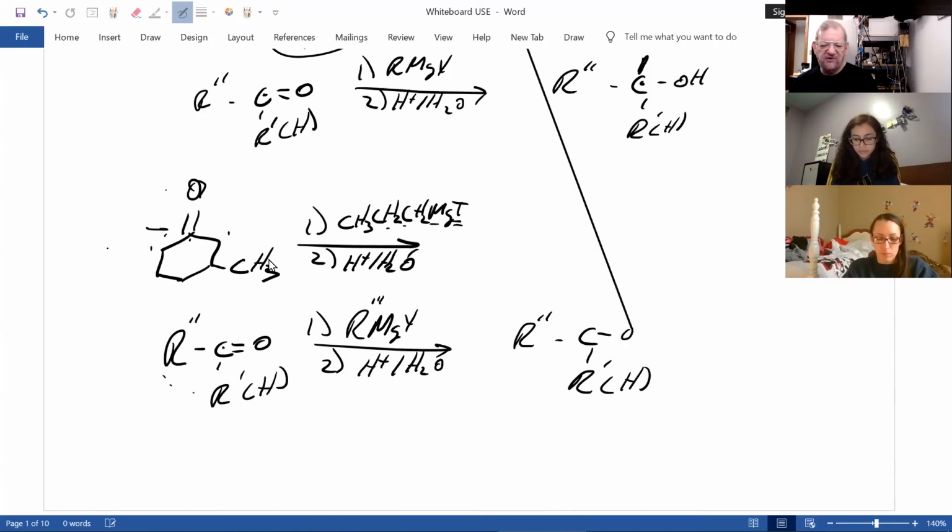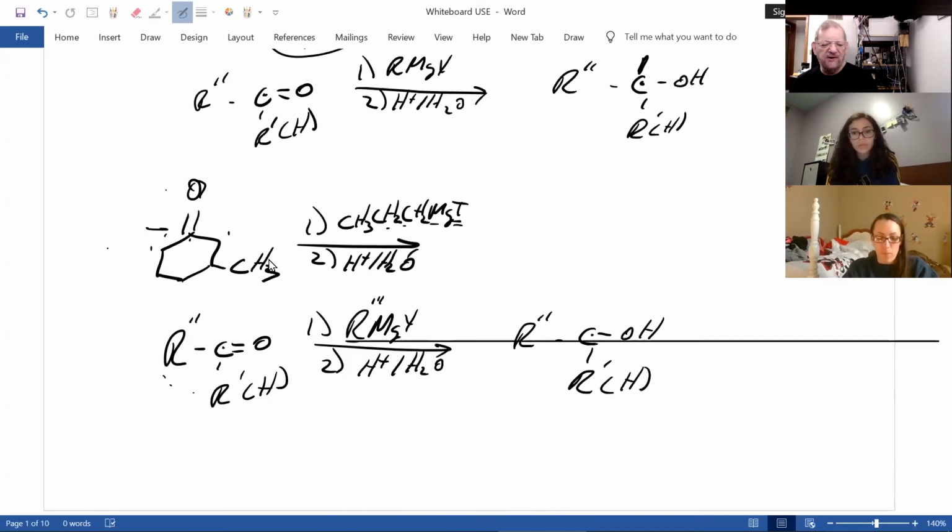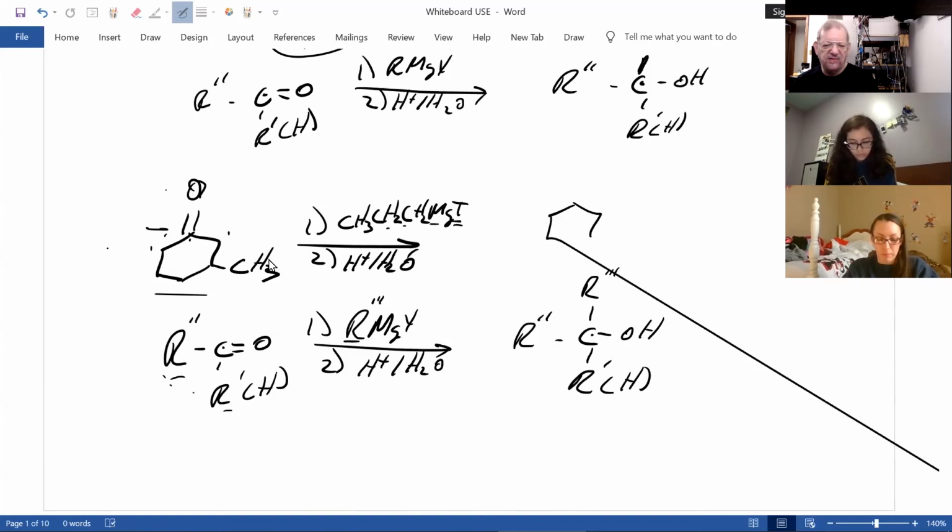Then this becomes an alcohol. And from the Grignard, you make that special thing, a carbon-carbon single bond. Well, my ring is my R prime and R double prime. What's still on the ring, the methyl group will be there.